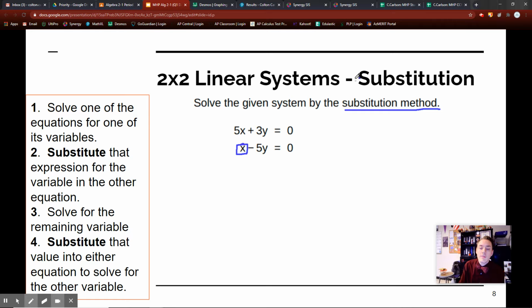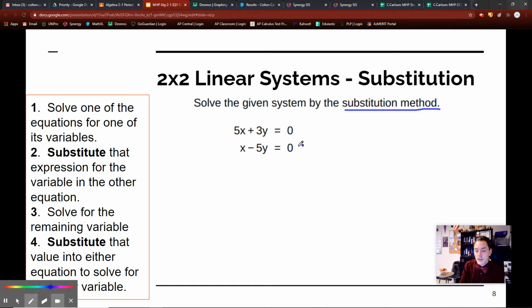Substitution method is a great method when there's no coefficient for that variable. So memorize that, know that. That answers our essential question: when there's no coefficient, that's when the substitution method is probably the best.